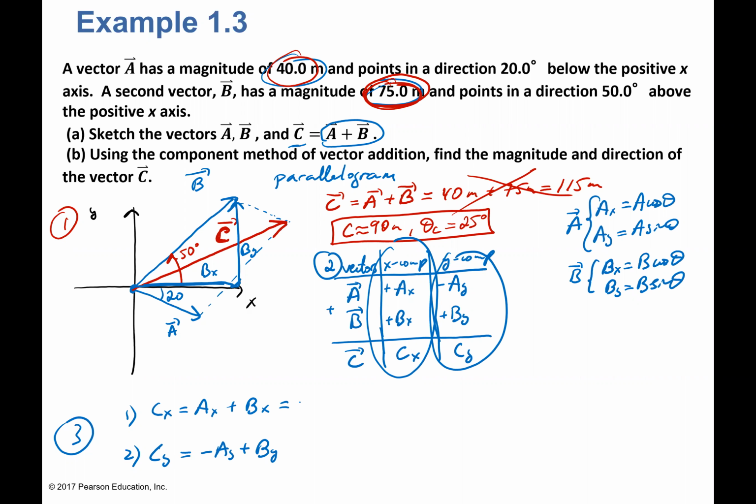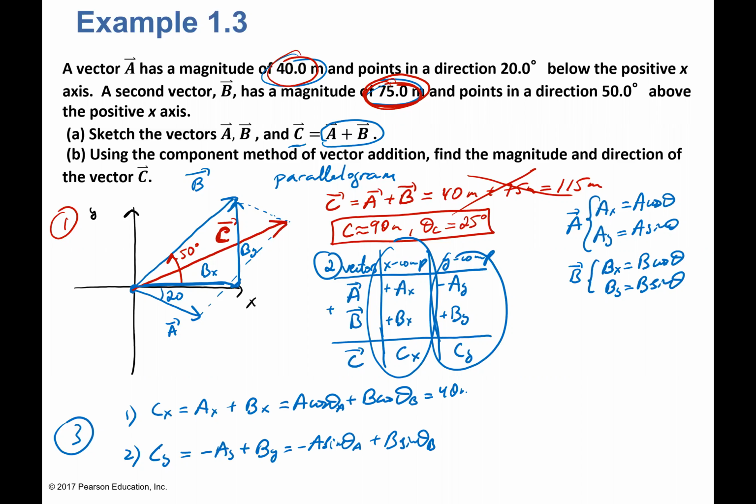All right, so ax is a cosine theta A plus bx is b cosine theta B, and here I have negative a sine theta A plus b sine theta B. Then I can plug in the values.